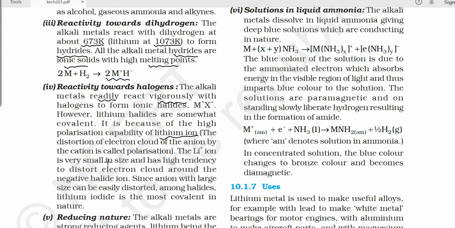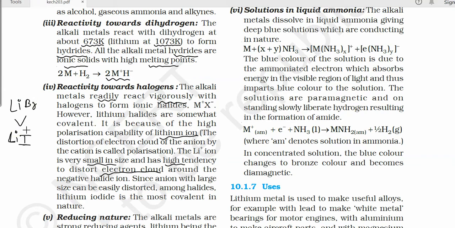The Li plus ion is very small and has a high tendency to distort the electron clouds around the negative halide ion. Since an ion with large size can be easily distorted among halides, lithium iodide is the most covalent in nature. Iodine is the largest of the halogens, and hence lithium iodide has the largest covalent character in comparison to lithium bromide.